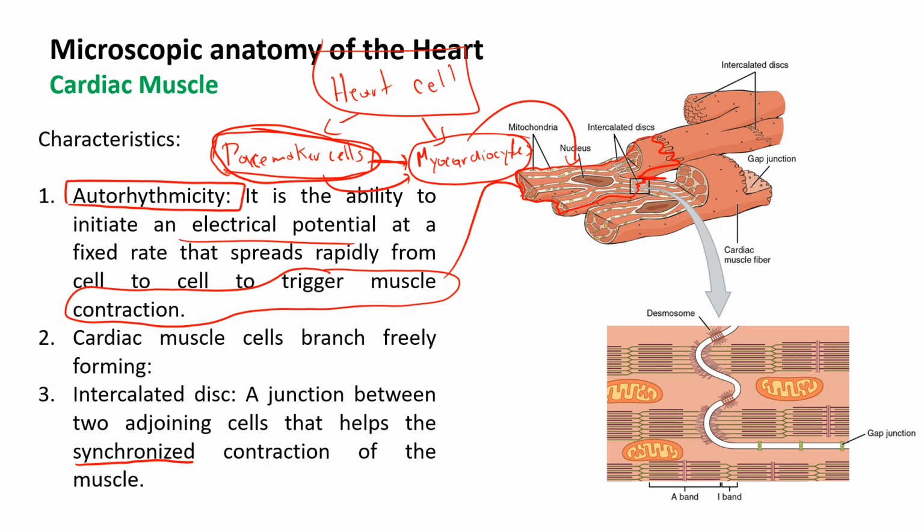This happens because the cells are interconnected through these regions called intercalated discs. Okay, this intercalated disc, if we look at this picture here, you can see this open down thing. What I'm showing you here is a single muscle cell.